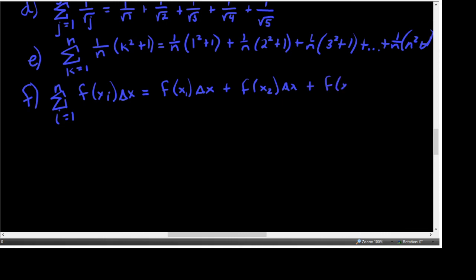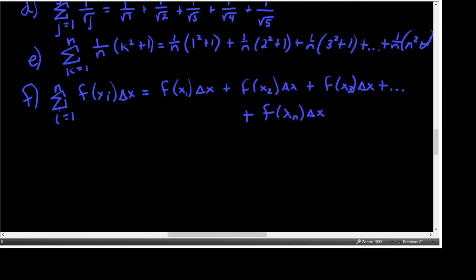You might notice that I'm generally using at least 3 versions of the first few substitutions to establish a pattern. And once the pattern is clearly established, usually 3 or 4 terms is enough, then I'm going to use the ellipses, plus dot dot dot, and then my final one will be f of x sub n times delta x.